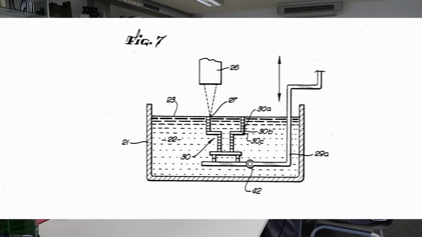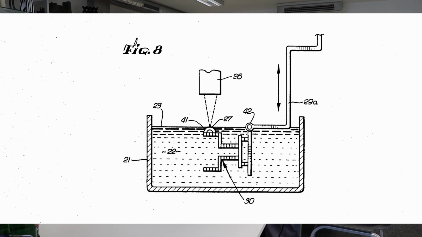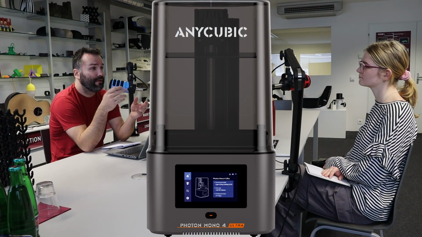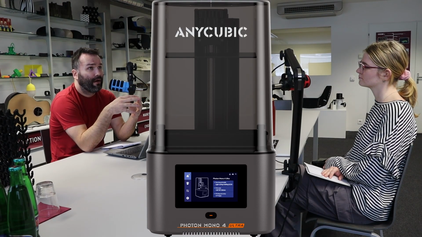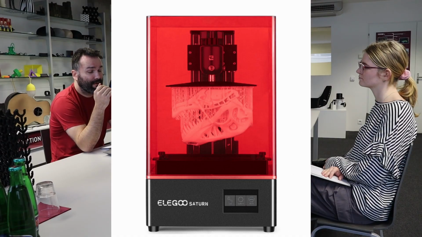So let's get to particular examples. The most popular or most commonly known thing will be something like Anycubic or Elegoo. What's happening there is essentially your printing substrate is coming up from your resin base. That resin base has a see-through floor.